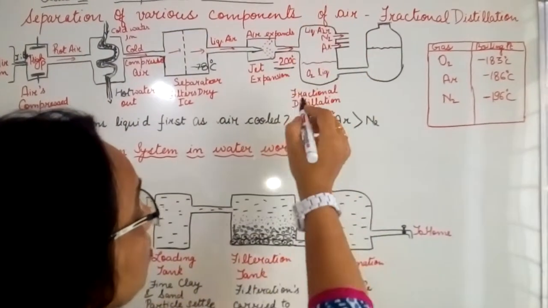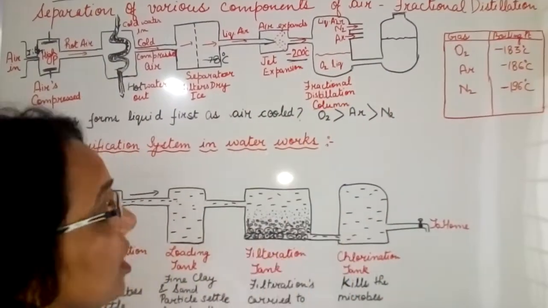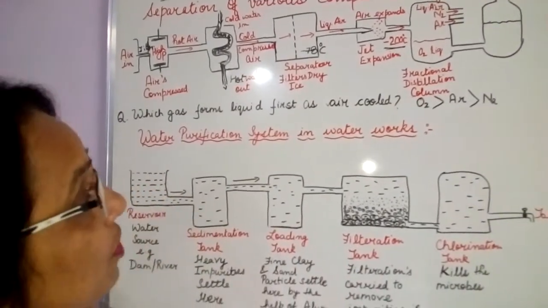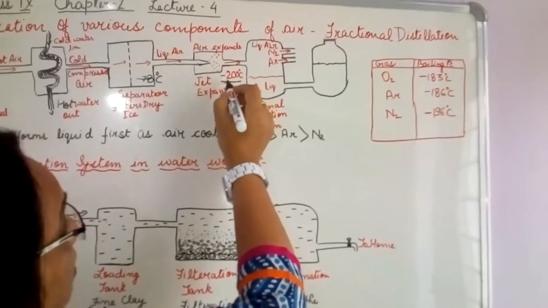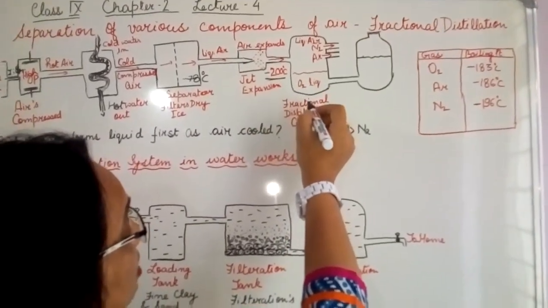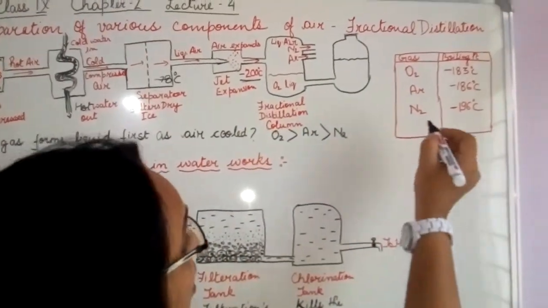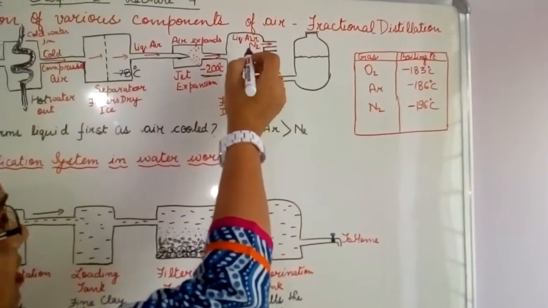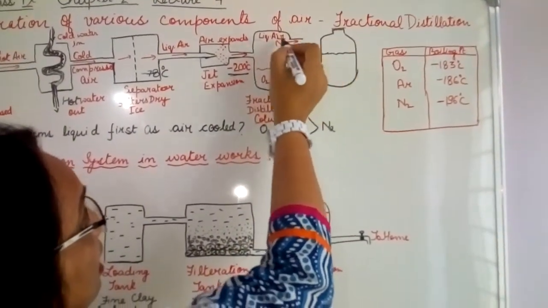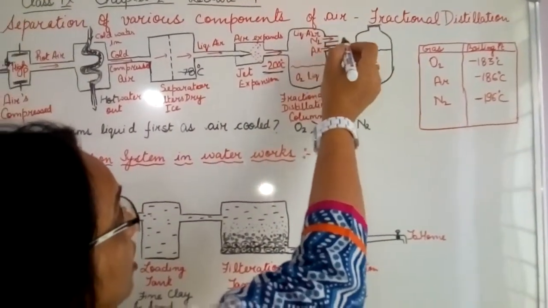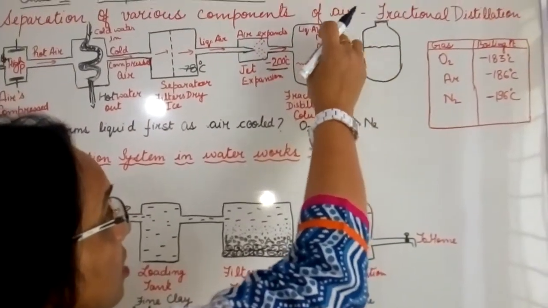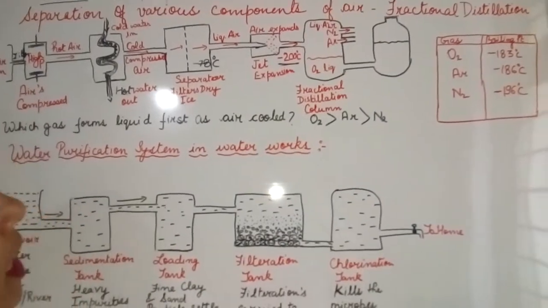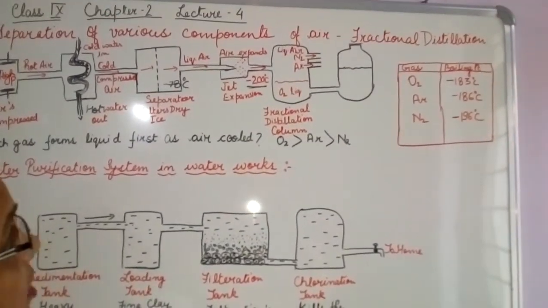Now this is the chamber where fractional distillation is done. So what do we do? We heat the air slowly. As we heat the air, from minus 200 degrees Celsius it reaches minus 196 degrees Celsius, and the liquid nitrogen starts boiling and gets converted into gaseous nitrogen, and nitrogen gas is collected first and foremost.